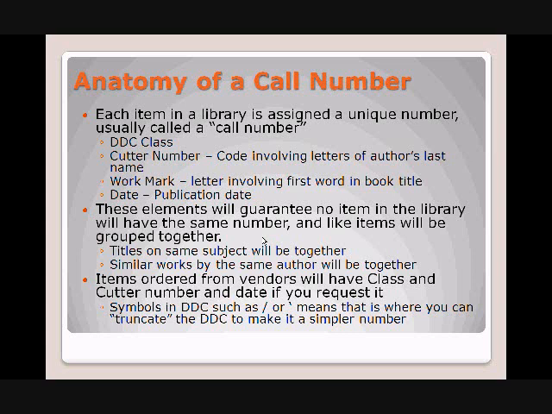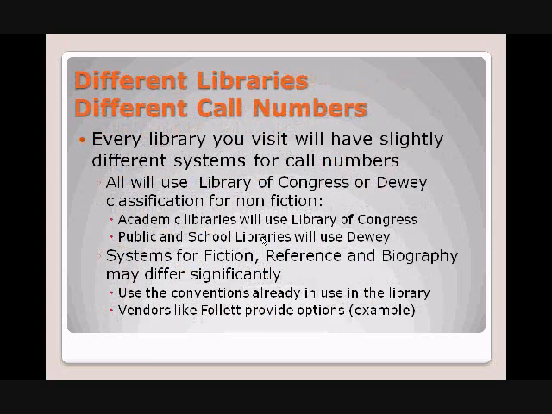If a library has a different call number than the convention that we're using in this class, it doesn't mean that their system is wrong. Every library you visit will probably have a slightly different system because it depends on how the system started and also what is best for that library. However, all will use the Library of Congress or Dewey Decimal Classification for nonfiction.